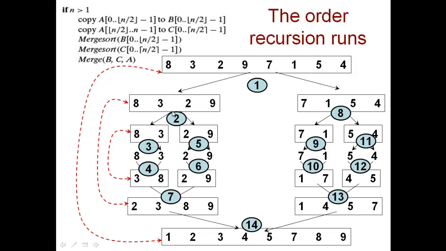So that means you're going to copy this array into 2 subarrays, 83 and 29. So that's the second recursive call. You're calling merge sort on this, and that's your B and C in memory for this subarray. And then what happens is again another recursive call.